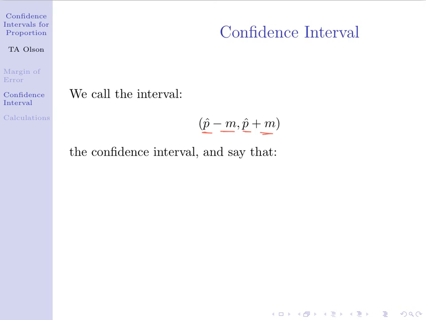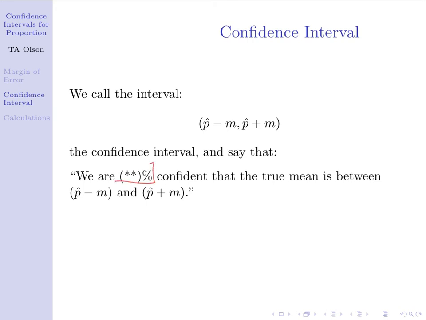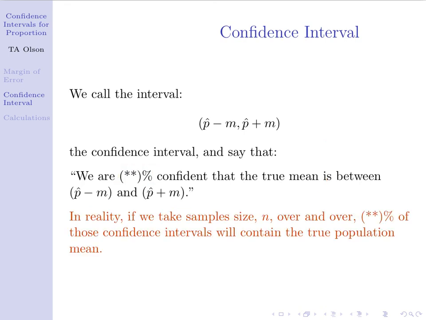And what we say is we are whatever percent confident, and that's going to be our Z alpha over 2 carrying that confidence, that the true mean, which was P again, is going to be between P hat minus M and P hat plus M. And in reality, what we calculated is something where if we take samples of size n, this same n over and over, whatever our confidence level percent of these confidence intervals will contain our true population mean.